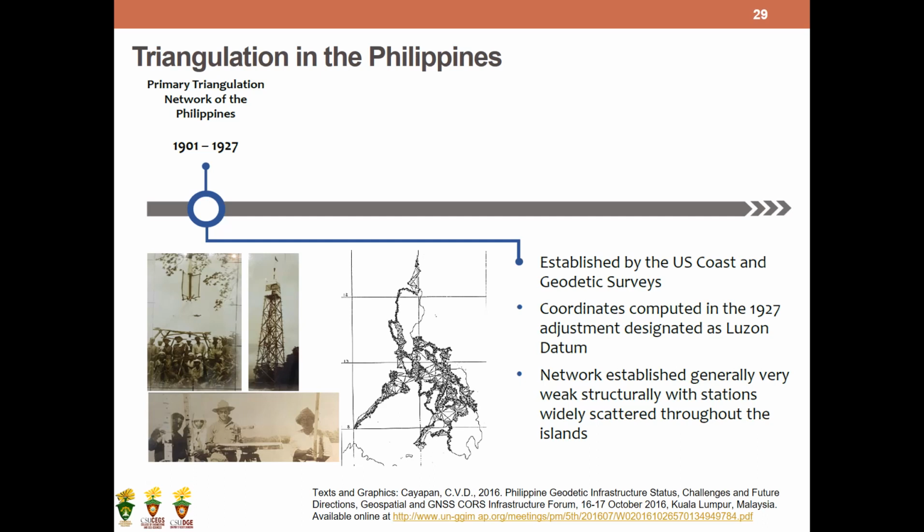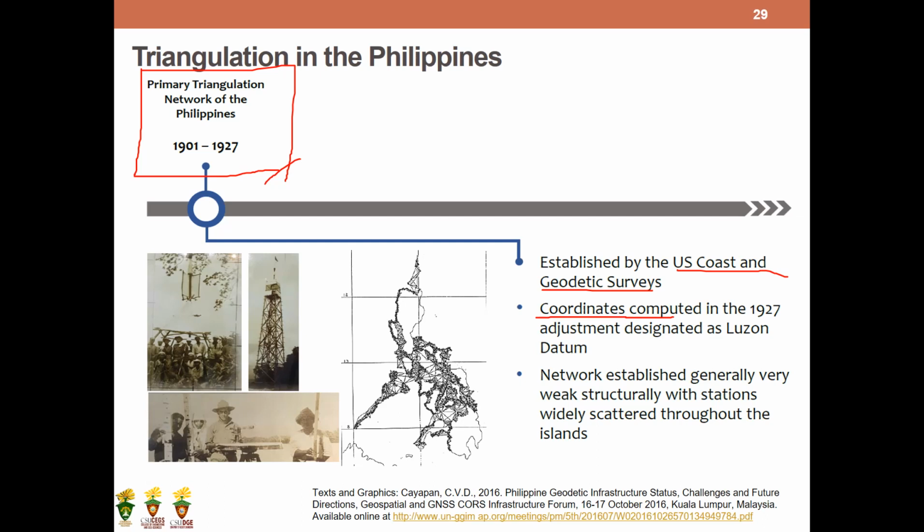So as a historical background, first is ang primary triangulation network in the Philippines, which began on 1901 until 1927. So this was established by USCGS. So ang coordinates were being manually computed and adjusted. So network established generally very weak structural with stations widely scattered throughout the island.